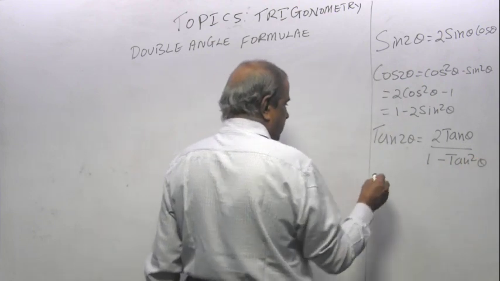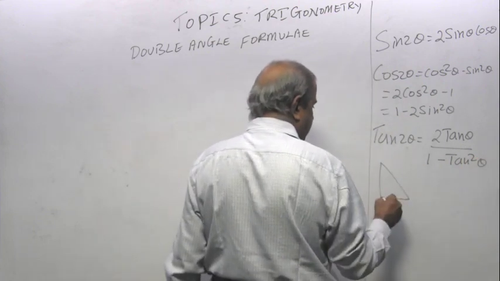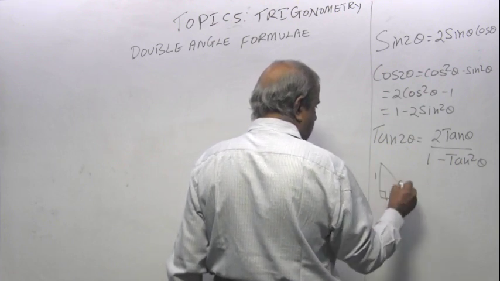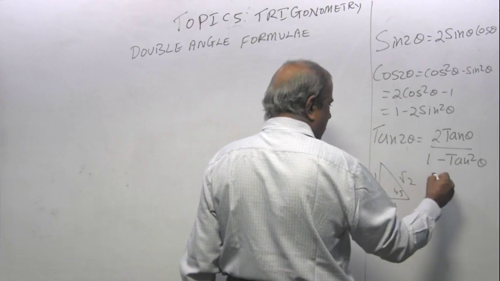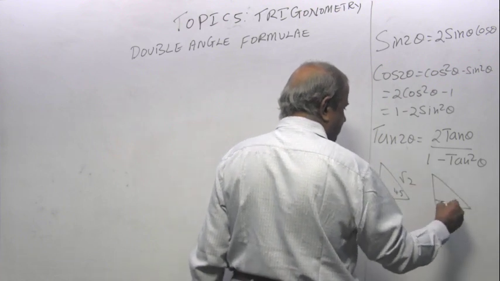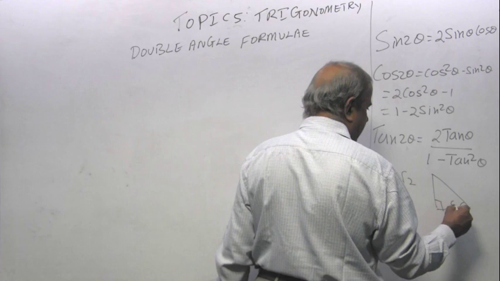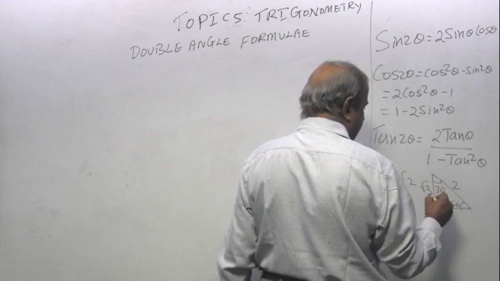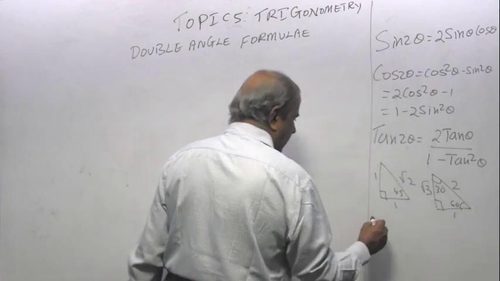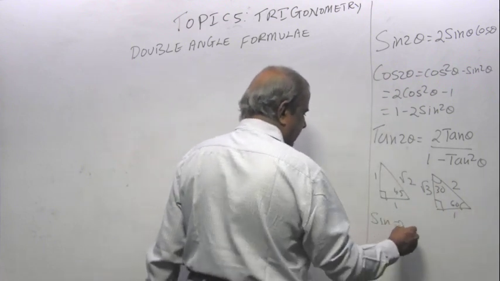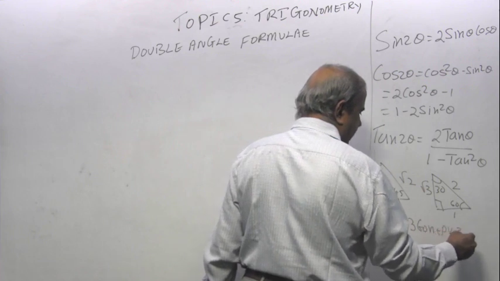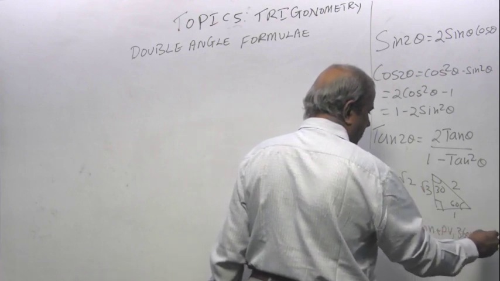And of course, the standard triangles, 45: 1, 1, root 2. I'm not going to write for 90 and 0. 60, 30: 2, root 3 and 1. And for sine, it is 360n plus PV, 360n plus SV.